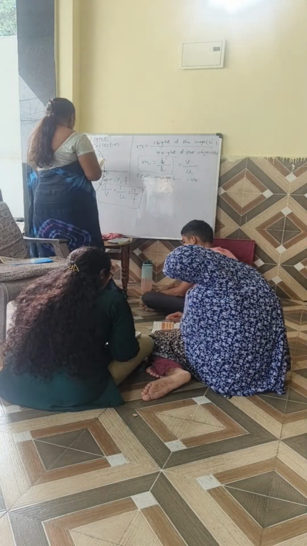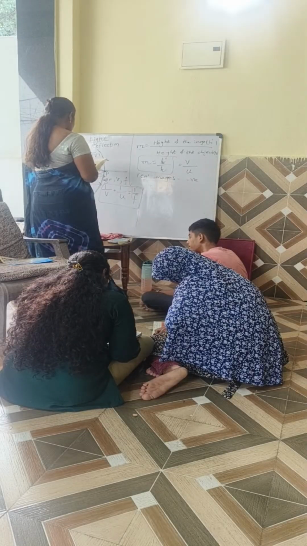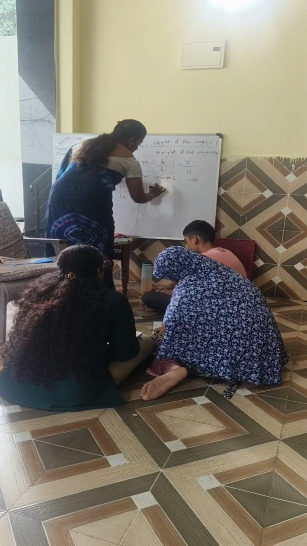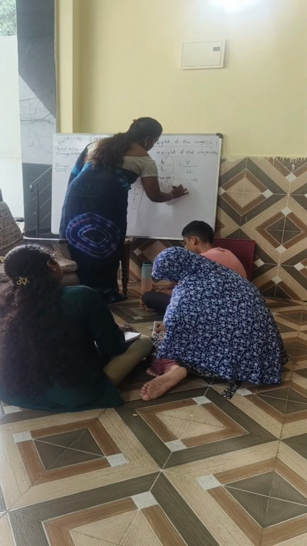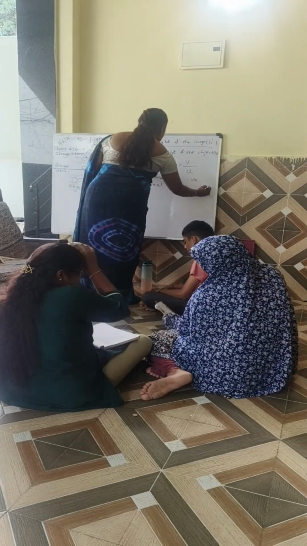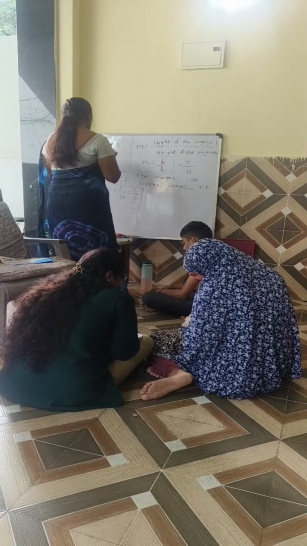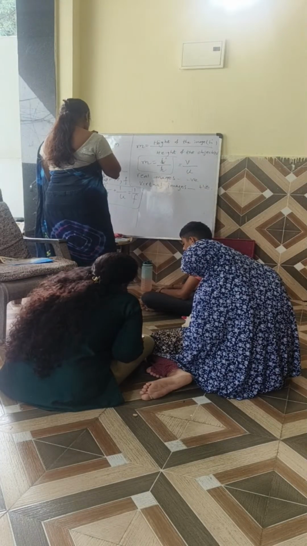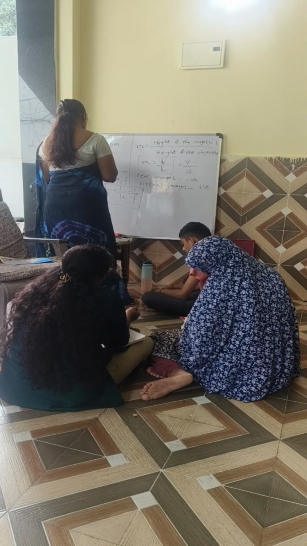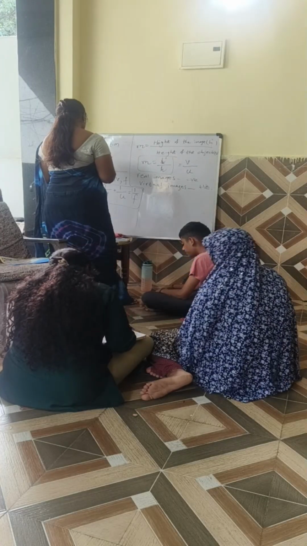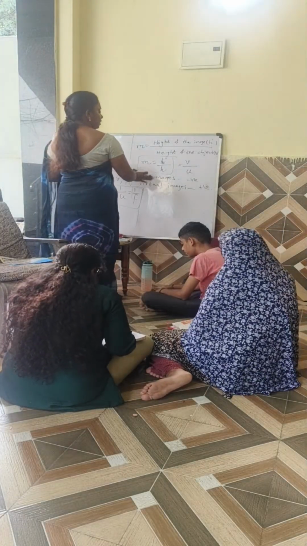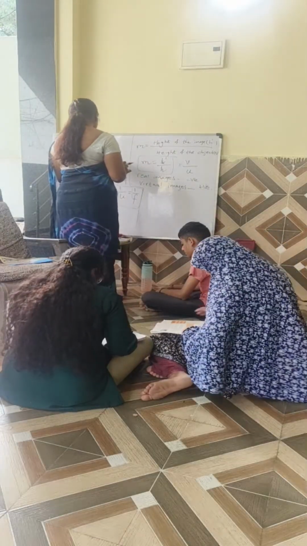For virtual images, the height of the image is positive. The height of the object is always positive because we keep it above the principal axis.